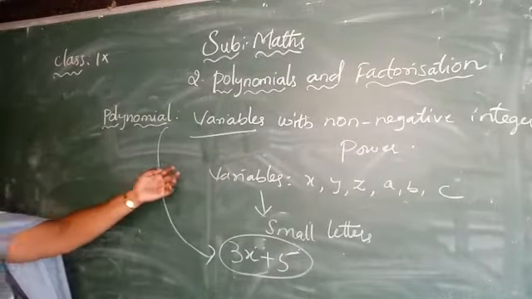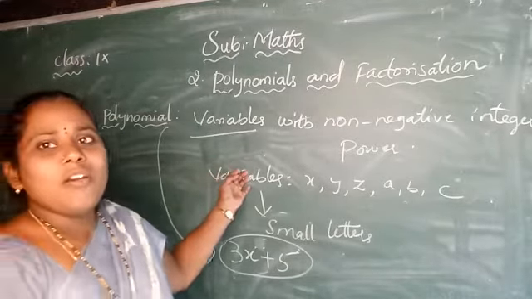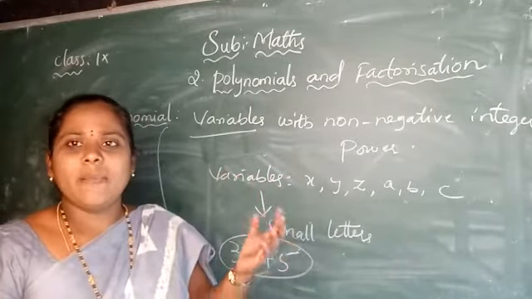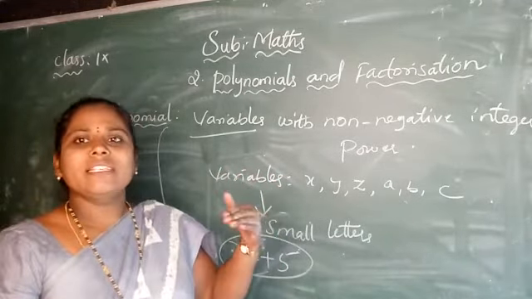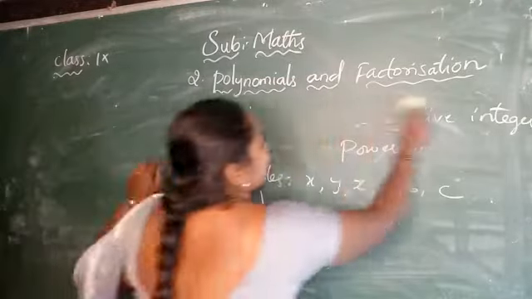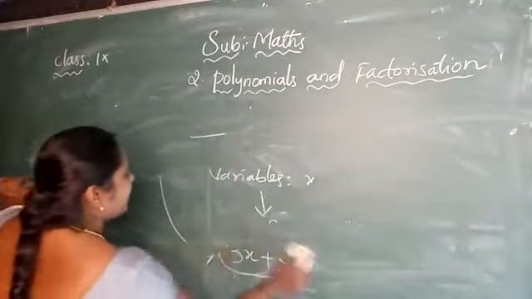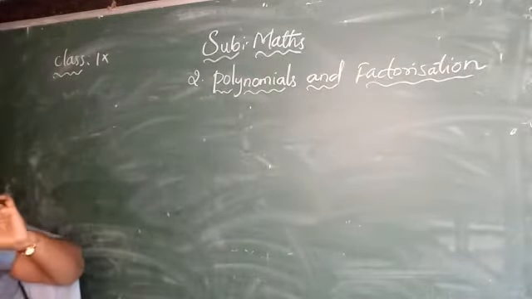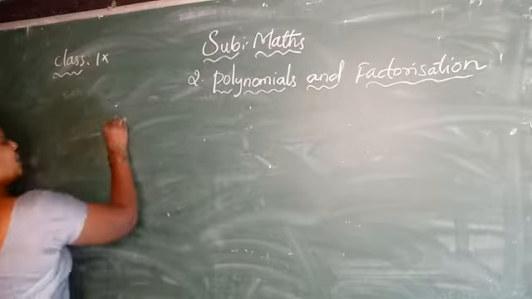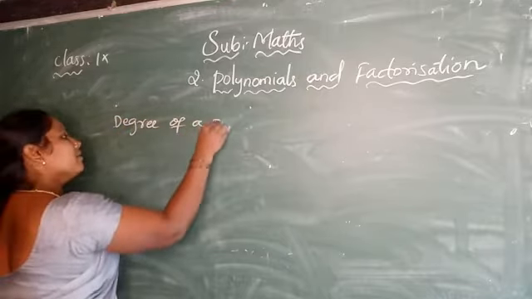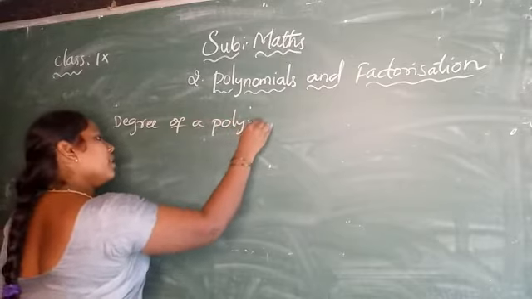Now I am going to explain degree in polynomials. Based on the degree, we name the equations. So what is the degree? The second definition is the degree of a polynomial.